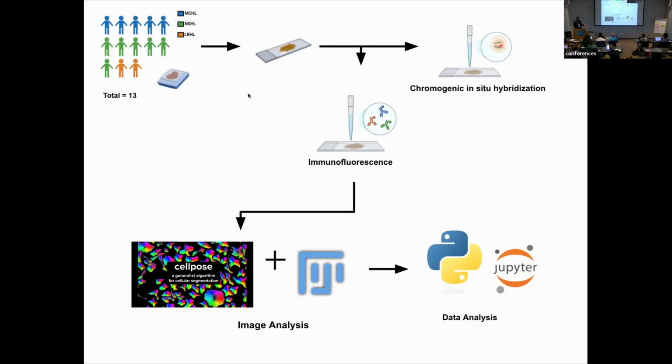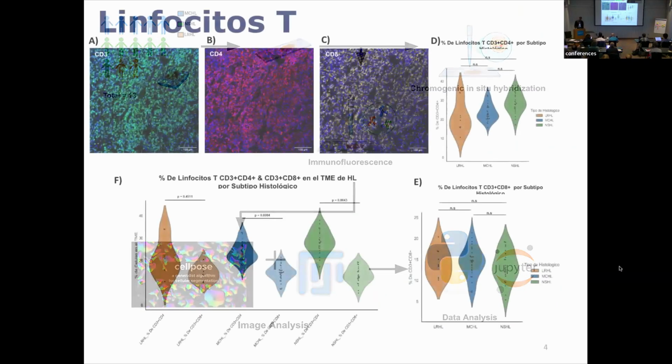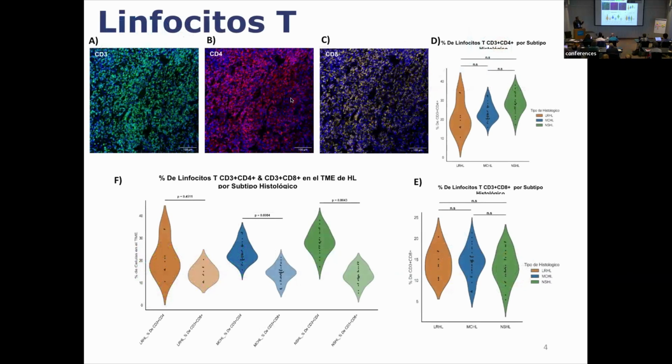And what is my research methodology? Right now I have 13 samples of Hodgkin lymphoma, and I did immunofluorescence to detect T cells and analyzed the images with CellProfiler plus Fiji. And the results look like this.